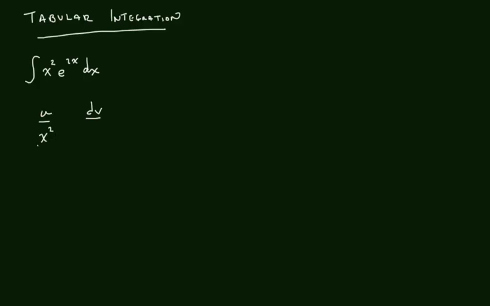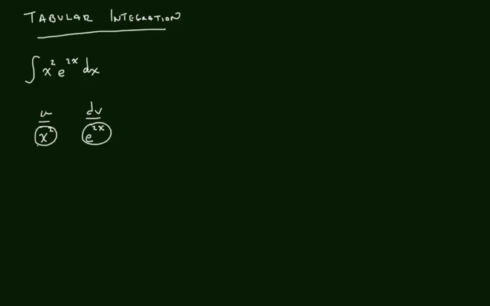If it does not exhaust itself to 0, this technique will not work. Next, you pick a dv which can be integrated every step along the way, and I would say integrated easily. So those are the two criteria. This must exhaust to 0, and this must be integrable.